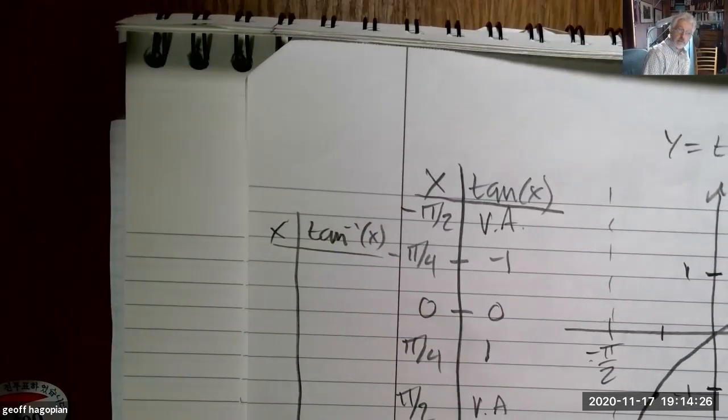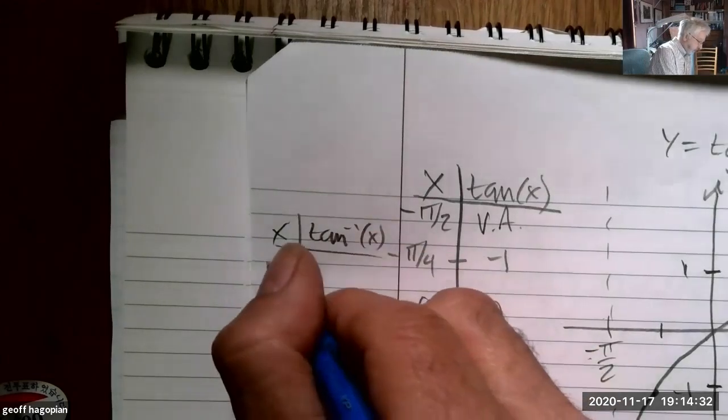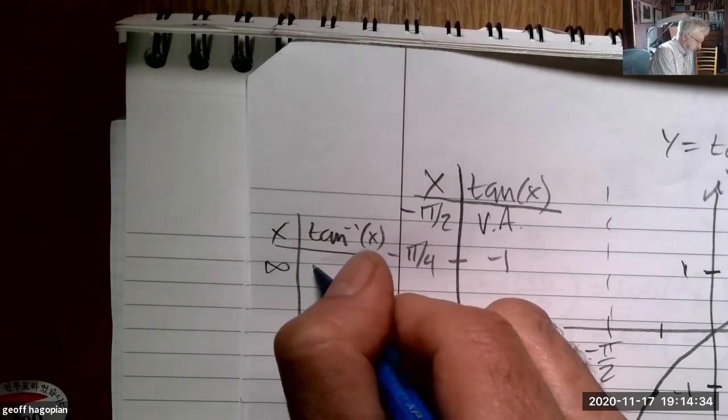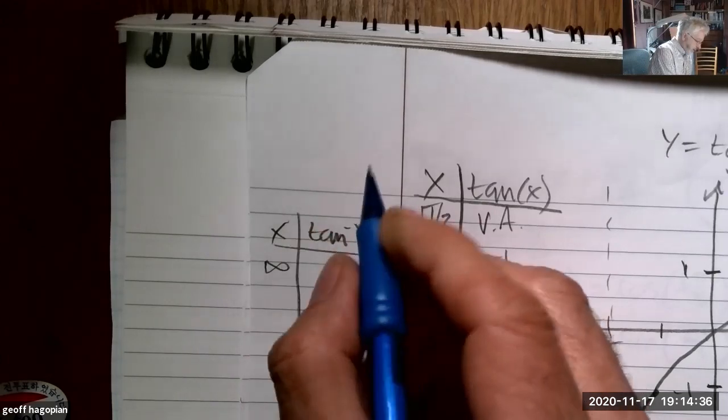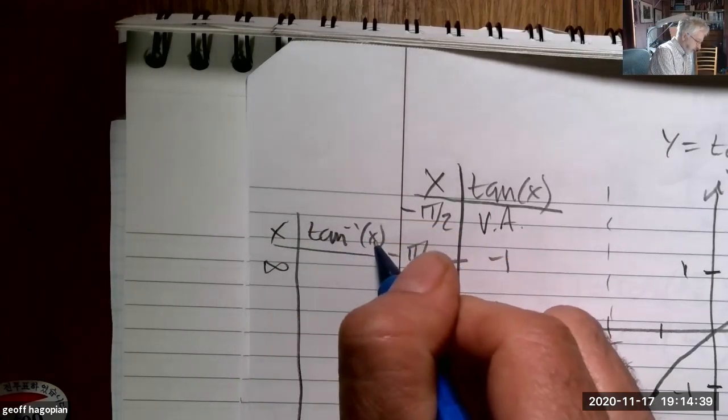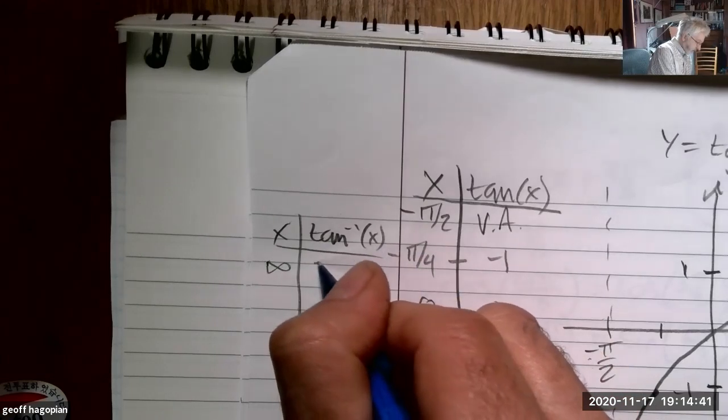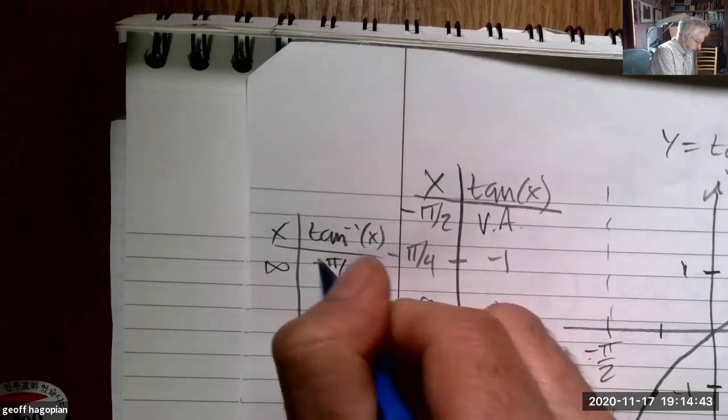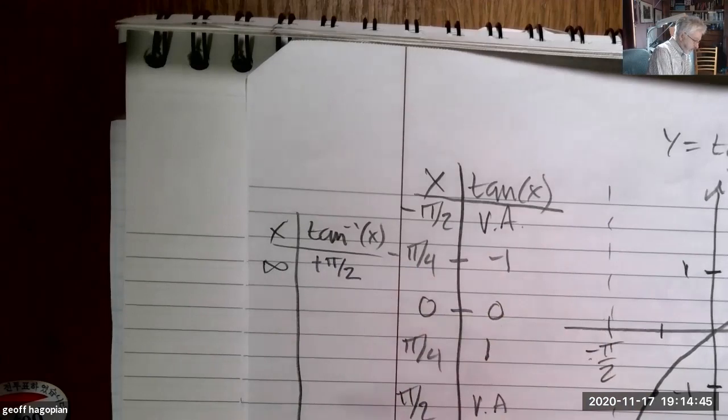So I guess we could say if we're at infinity, then the angle, the arc whose tangent is infinity, is negative pi over, or positive pi over 2. Yeah, that's kind of gimpy, huh?